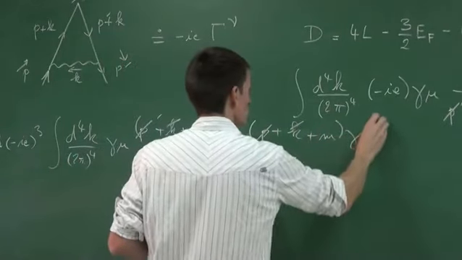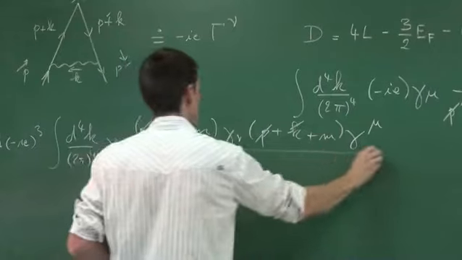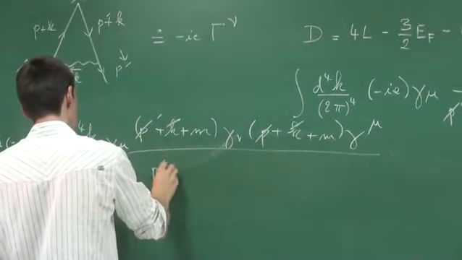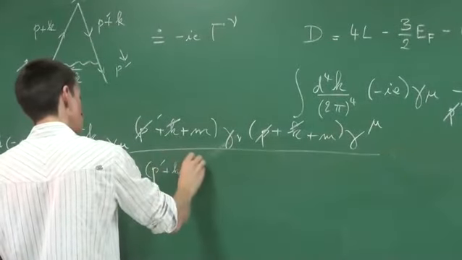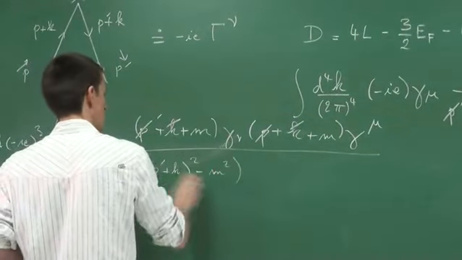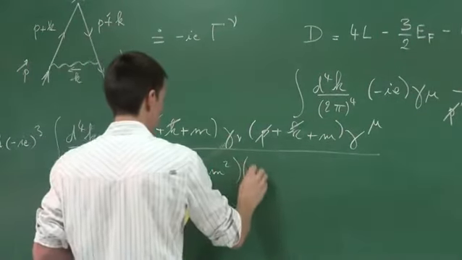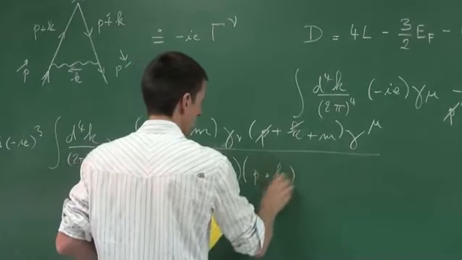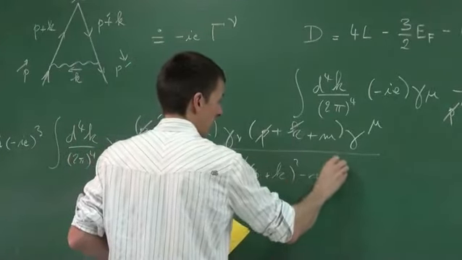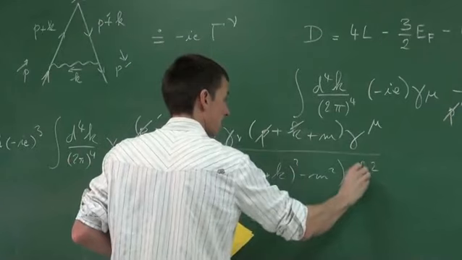gamma mu divided by 2 prime k equal to minus mass square times e plus q. Okay.